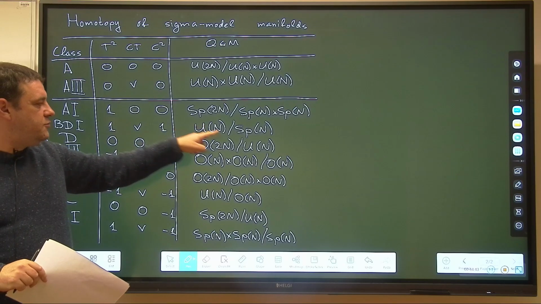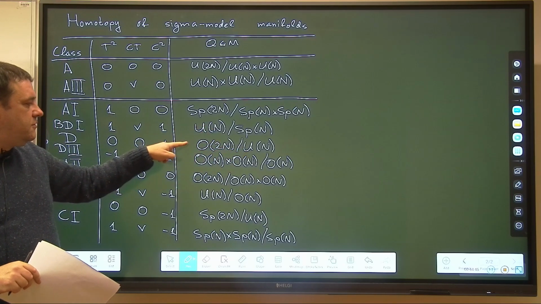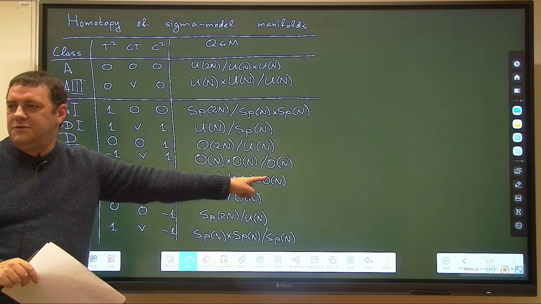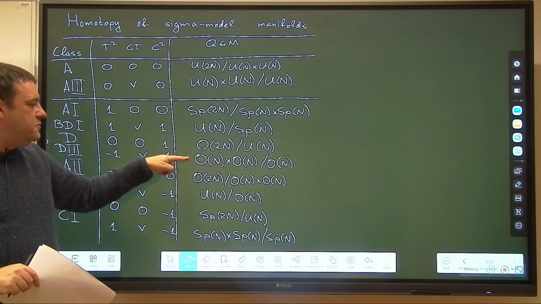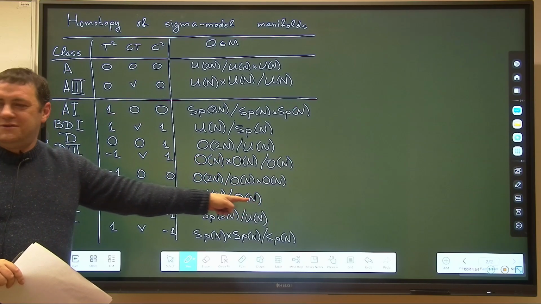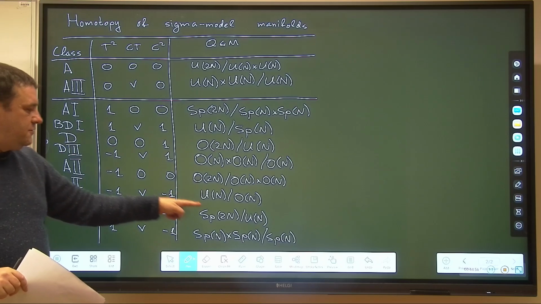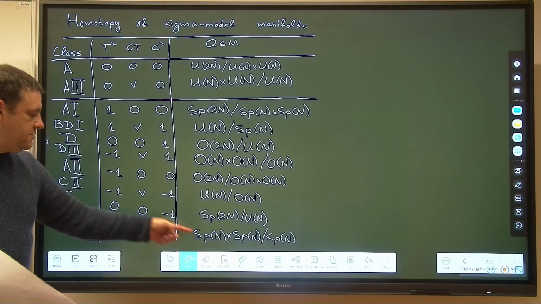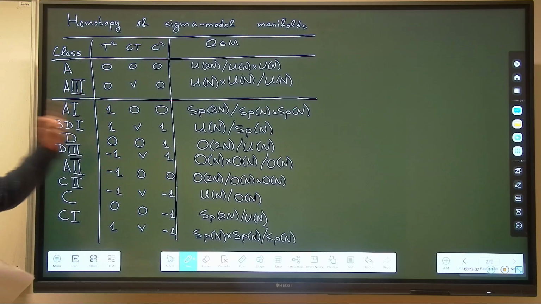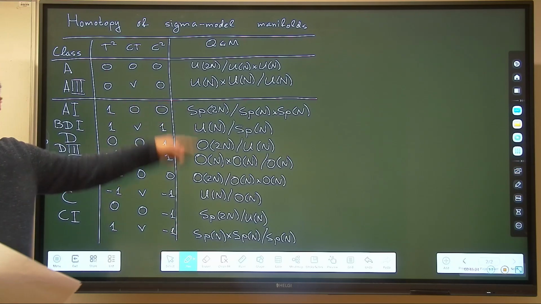U was in the numerator, goes to denominator. Orthogonal was in the numerator, goes to the denominator. Double orthogonal was in the numerator, goes to the denominator. U in the numerator, U in the denominator. And it's a loop actually. This thing is cyclic. You can go after this back to the first one.